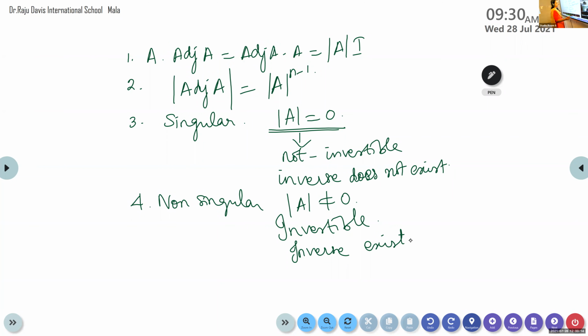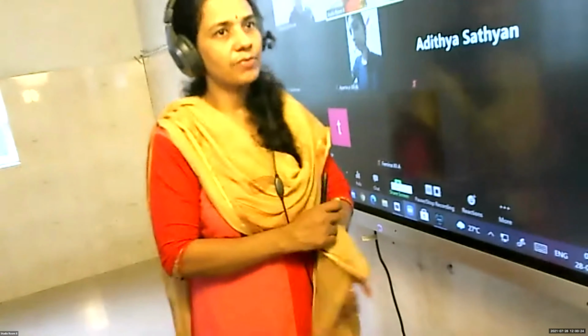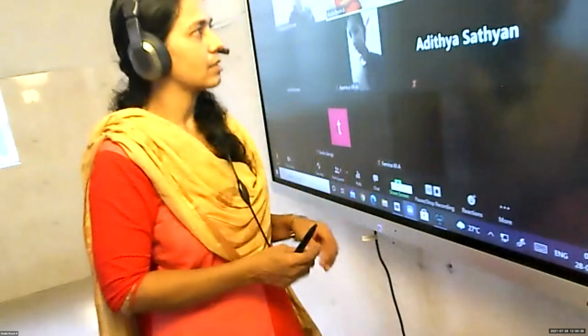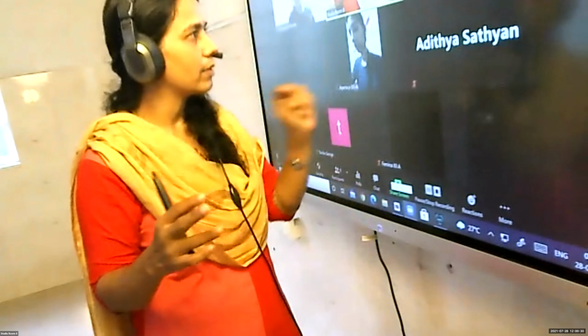Okay. Then we learned another property. We learnt one theorem. For every square matrix A, if it is invertible, the inverse exists. And how many inverses will exist there? Is it many inverses, 2 inverses or 1 inverse?